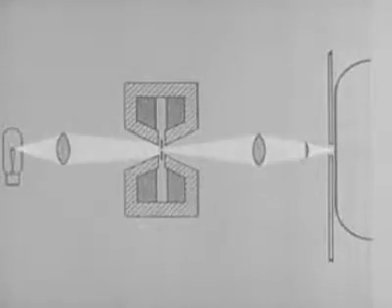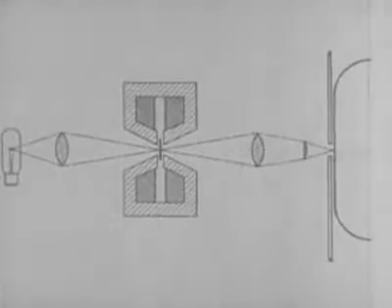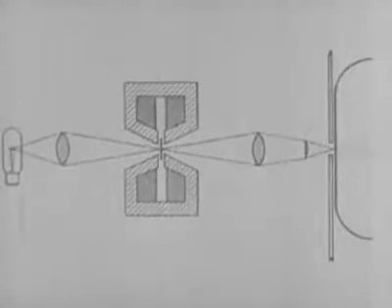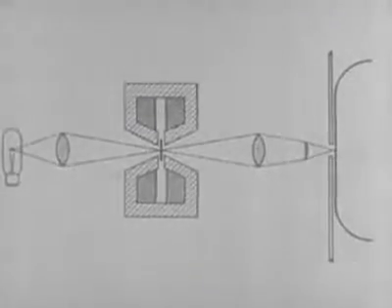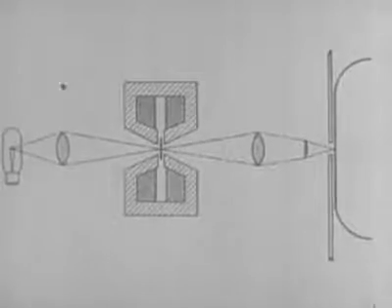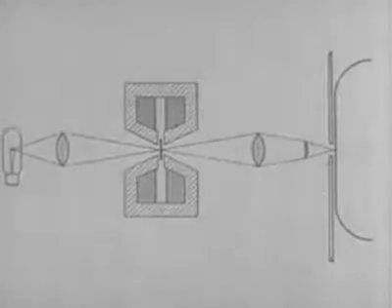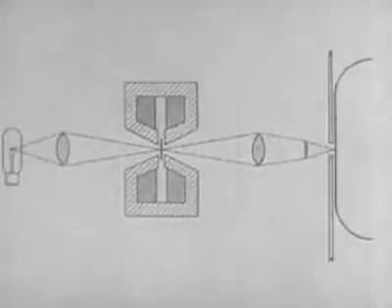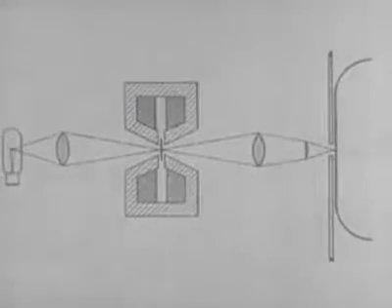Since the ribbons act as light-controlling shutters, any change in the sound current flowing through the ribbons will cause a corresponding change in the size of the light-transmitting slot, defined by their closely spaced edges, and therefore in the amount of light falling on the film. The device thus acts like a valve controlled by the sound current for controlling light.